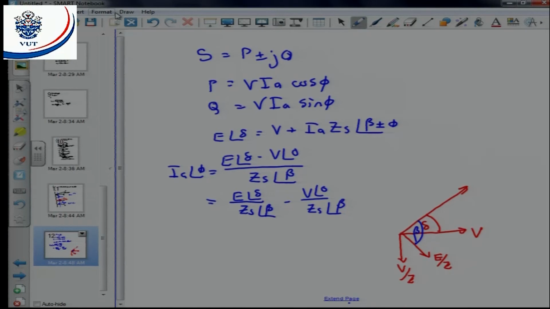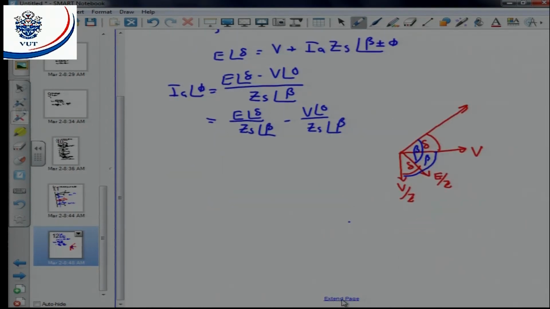So therefore it will be E, and if we look at our phasor diagram, at any point if we move in this direction, we start at E. The first part that we get to is E over Z, and the angle between E and E over Z is cos of beta, minus V over Z, which will be cos of that beta plus delta.